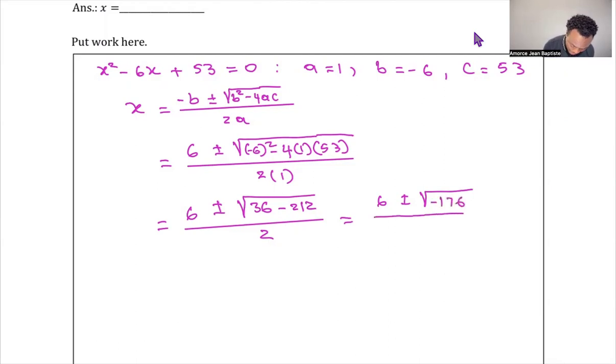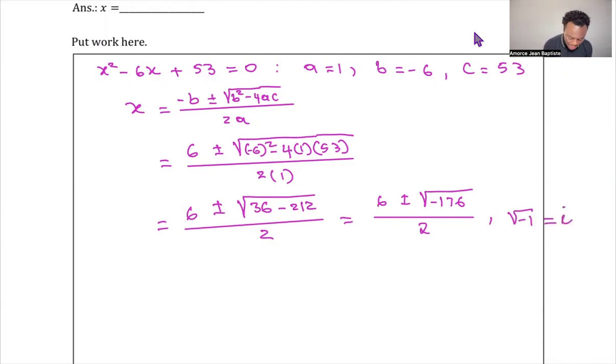And please do not forget that you can take the square root of a negative number as long as you remember that the square root of -1 equals i.